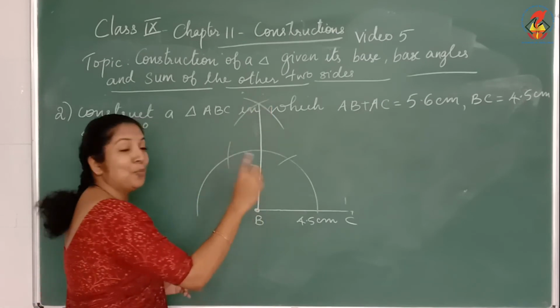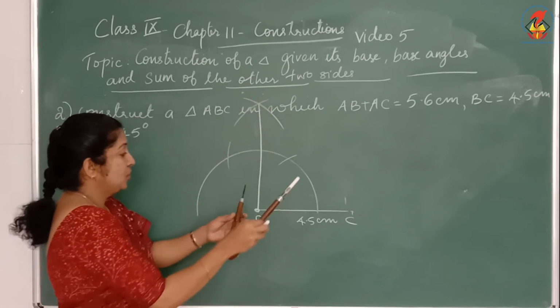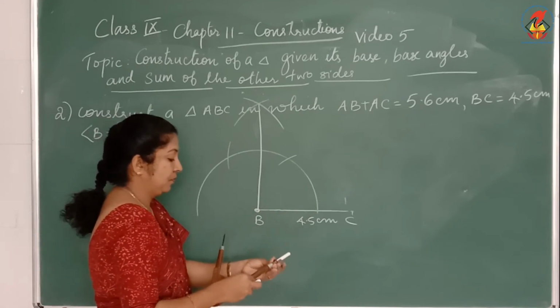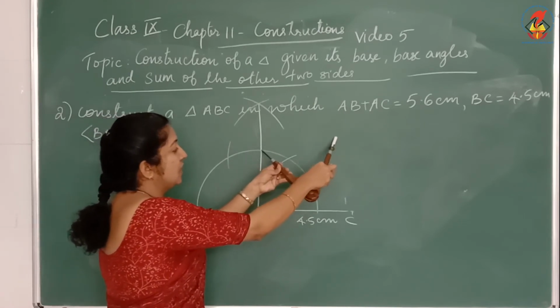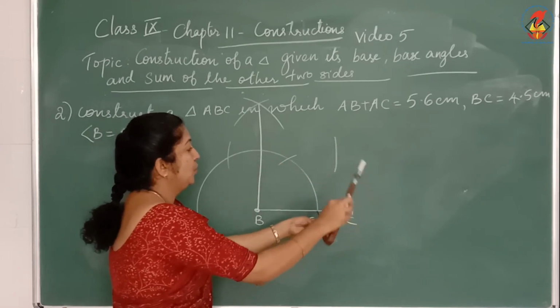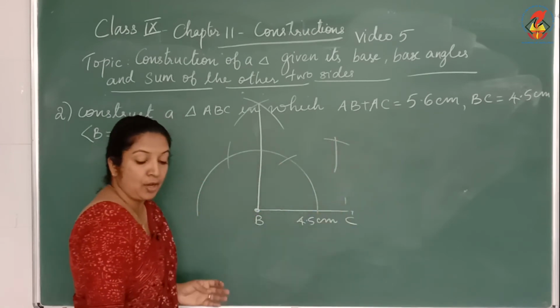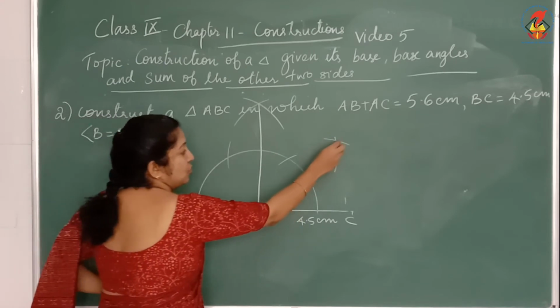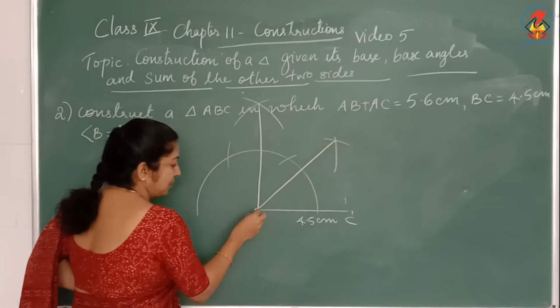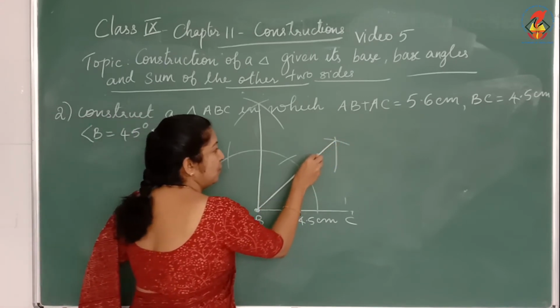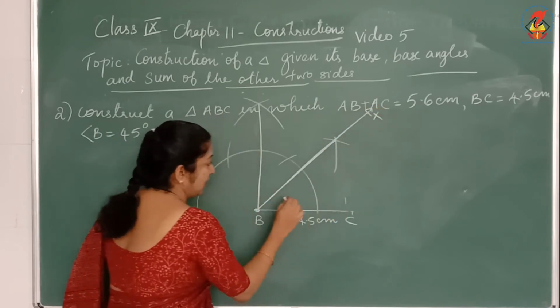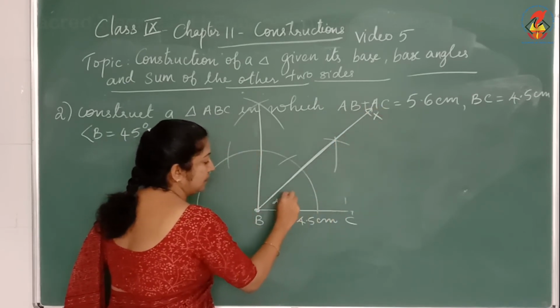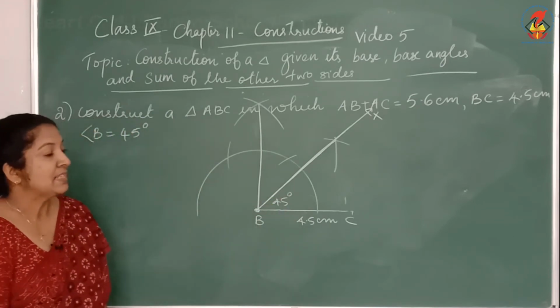Then bisect this 90. So take more than half of this arc and draw 2 arcs from each of these points. Then 45 degree we have to extend and mark it as X. This is 45 degree.